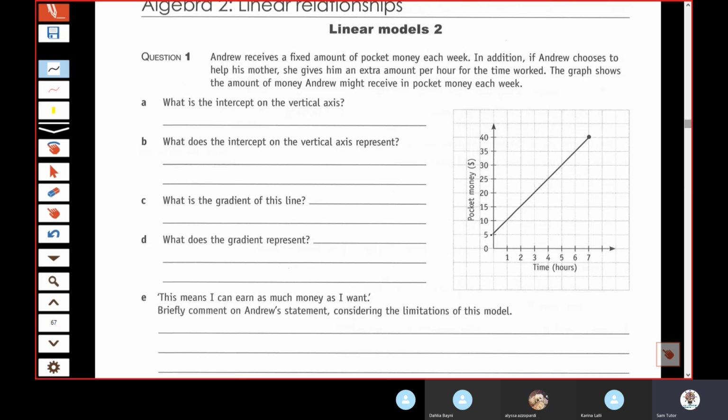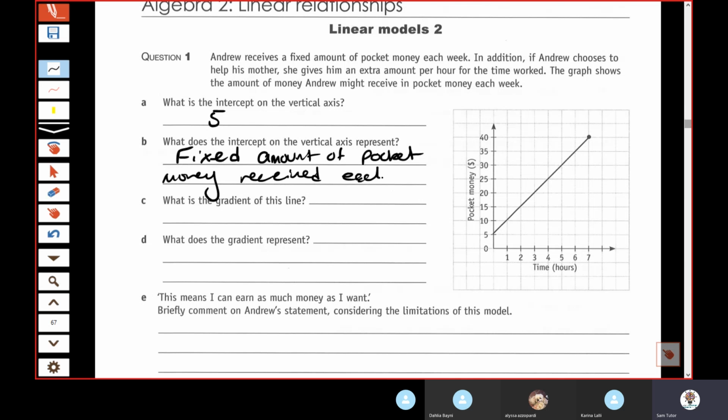The intercept is 5. What does the intercept on the vertical axis represent? The fixed amount of pocket money received each week, right?